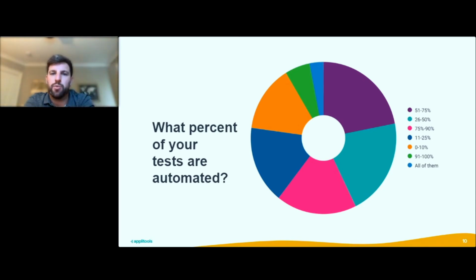So when we talk about visual testing, when we talk about accessibility testing, when we talk about performance testing, a lot of those are the types that the solutions that have been trying to automate are a little bit laggard, right? So functional has pretty much been the creme de la creme.